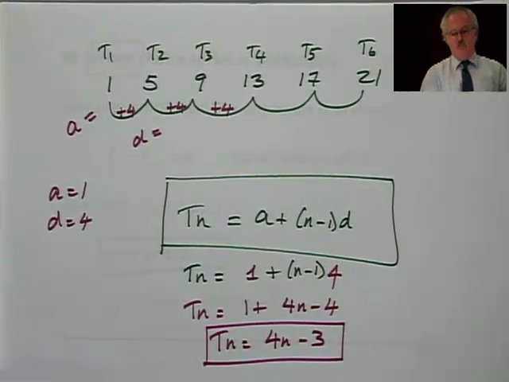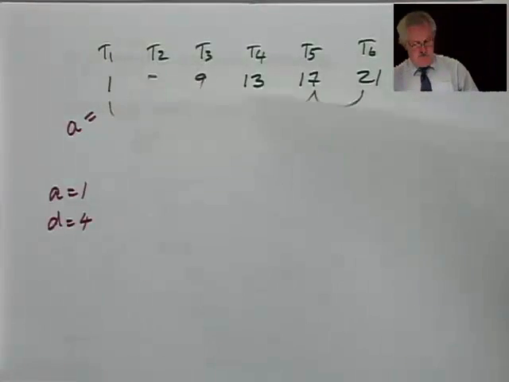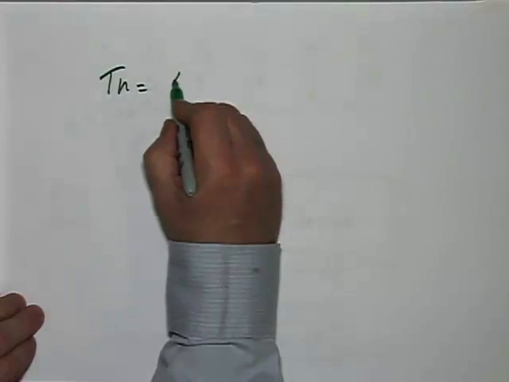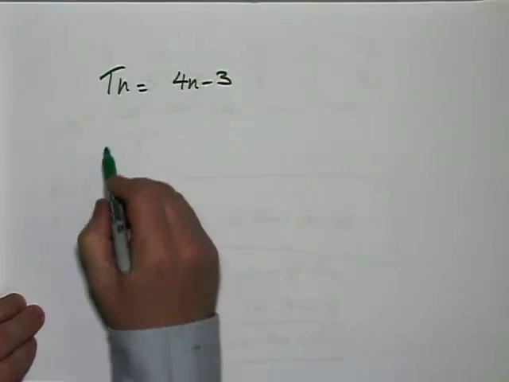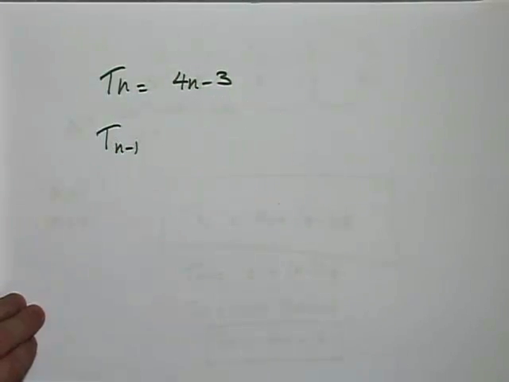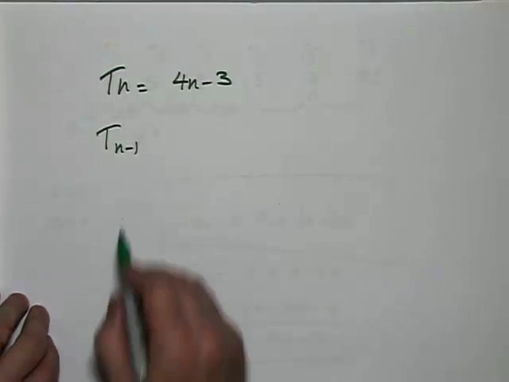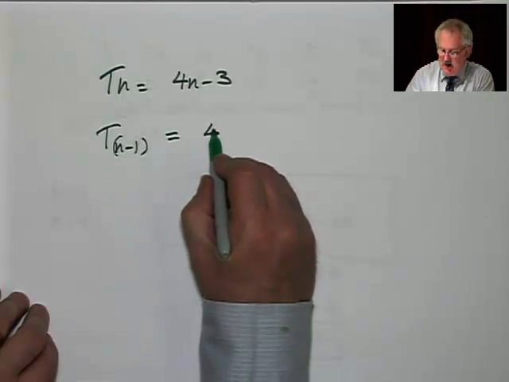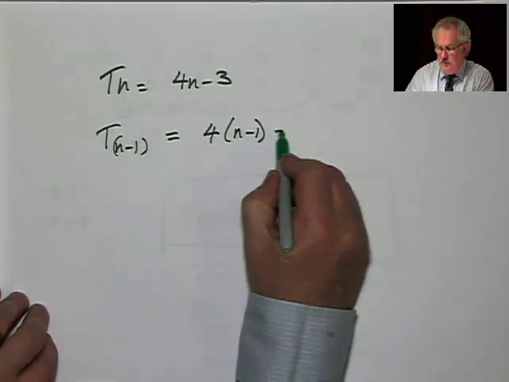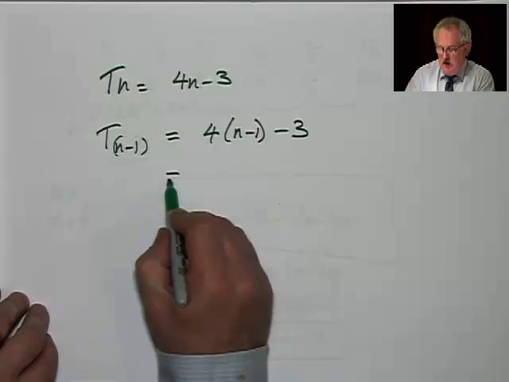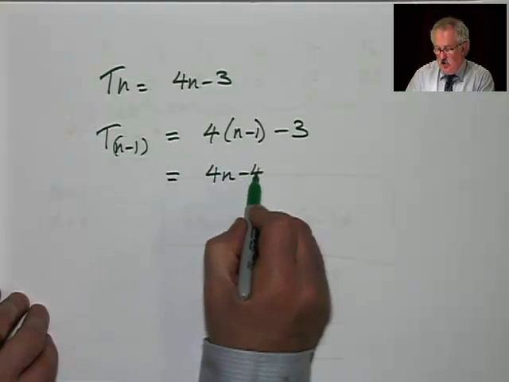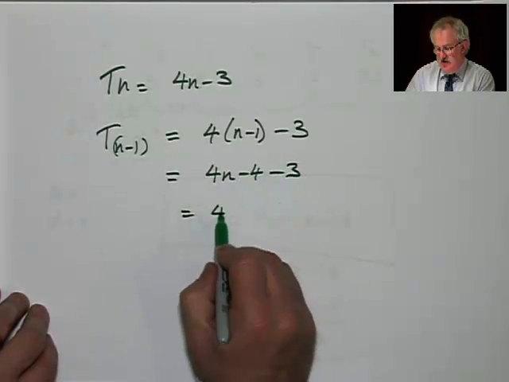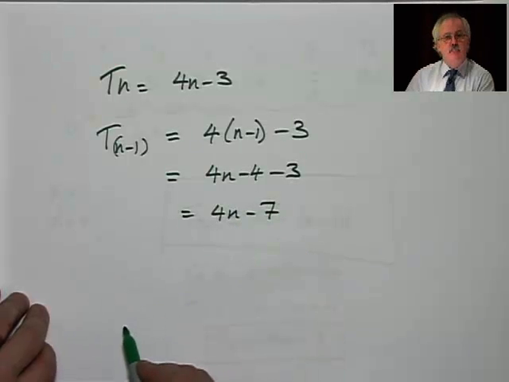So that's our formula for this series. Tn is equal to 4n minus 3. What's Tn minus 1? Well, we just plug in n minus 1 wherever there's n. So we say 4 times (n minus 1) minus 3, and that becomes 4n minus 4 minus 3, which is 4n minus 7.